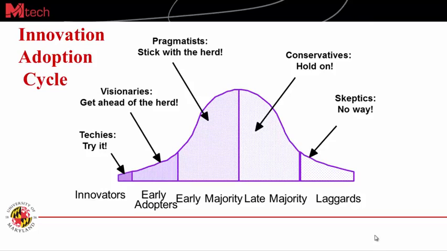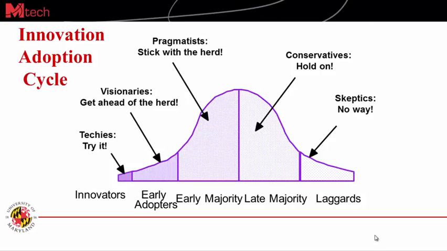And so what we see on the left-hand side, it's the innovators, or we would call them the techies. Who are the people who first adopted Apple computers back in the 80s. They were the hobbyists, the people who tried things. Even today we have people who are using various innovations way ahead of whoever else is using them.